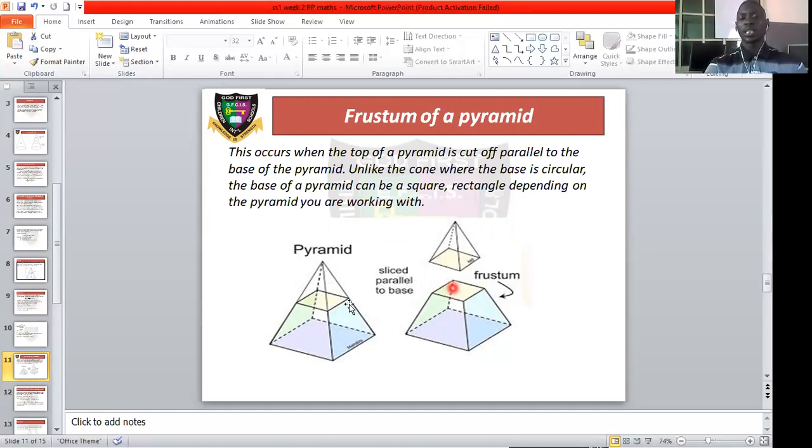So we all know that frustum is the cut off part, and the smaller part cut above gives a smaller pyramid also. As said in the cone, when you cut a whole cone into two, it gives you a smaller cone and a frustum. Also, when you cut a pyramid into two, it gives you a smaller pyramid and a frustum of the pyramid. So this is called the frustum of the pyramid.